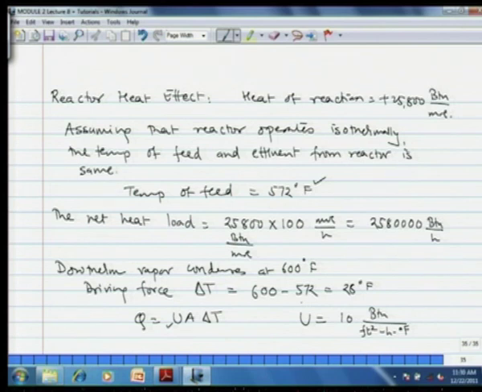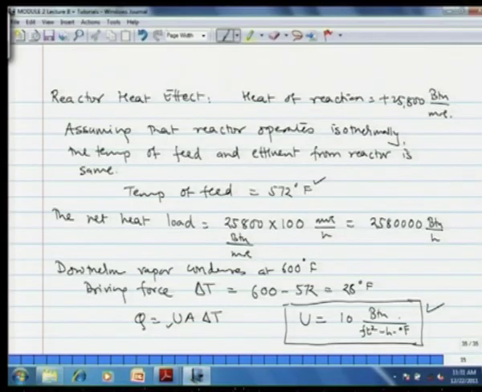Now, this value I have obtained from the order of magnitude heat transfer coefficients given in standard texts, like for example, Perry's handbook, or the book of Holman on heat transfer, or the book of D. Q. Kern, Process Heat Transfer. So, for these kinds of systems, a typical heat transfer coefficient is given, and I have taken the value of U from this text.